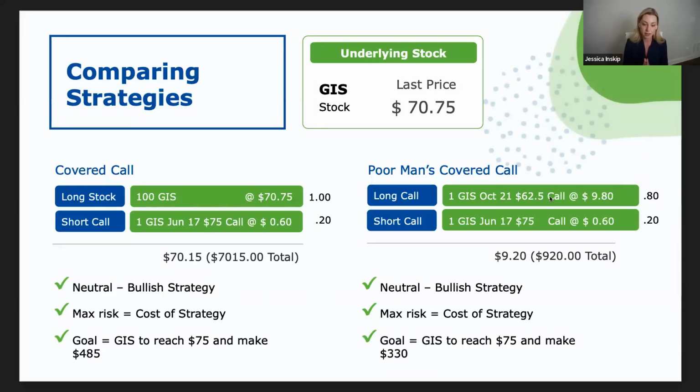So from that perspective, we want both of these strategies. We want GIS to go to the strike price. So we want it to go up to $75, about $4.25. Both of those are true within this scenario. Therefore, this is a neutral to bullish strategy. This is neutral to bullish because we still collect that 20 cents.